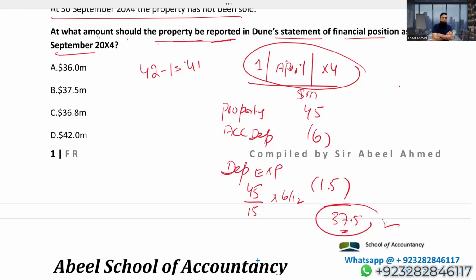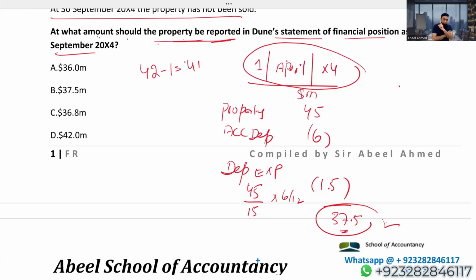They are asking us what is the property's carrying amount on 30th September X4. Means after 6 months, after applying IFRS 5, 6 months have passed. Now it is the year end. An examiner is asking us at what value you will show the property on SOFP of Dune.